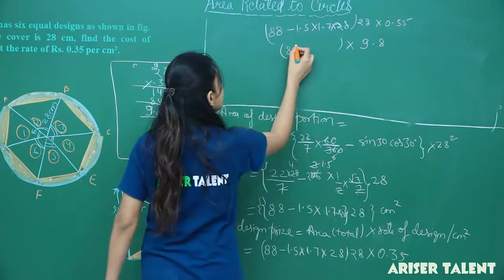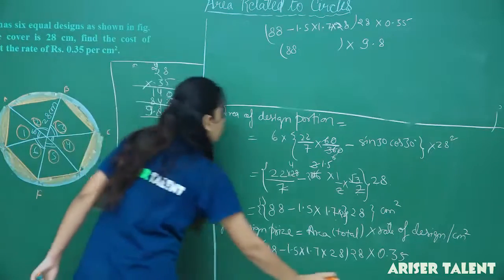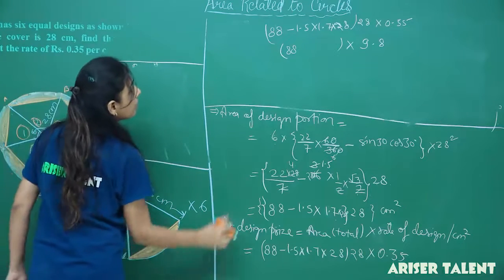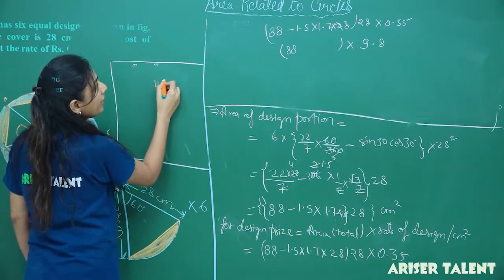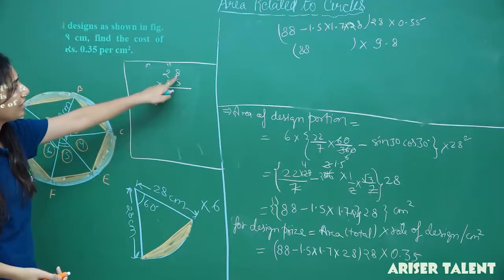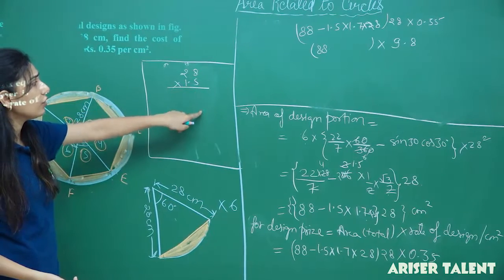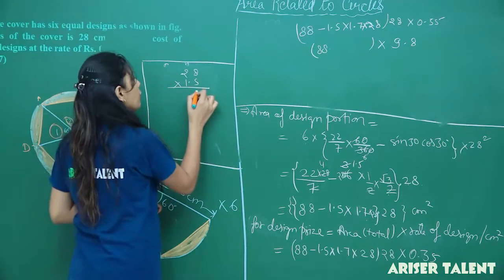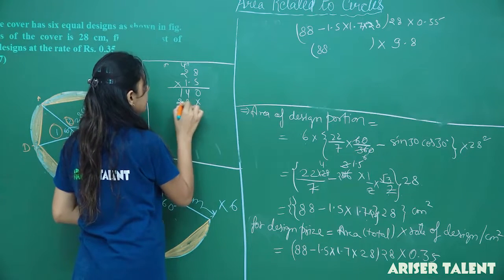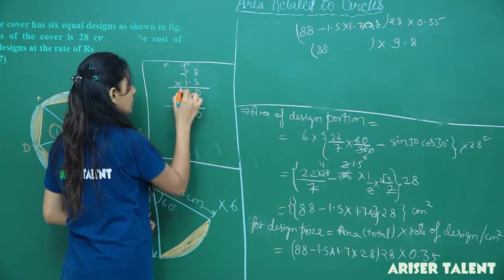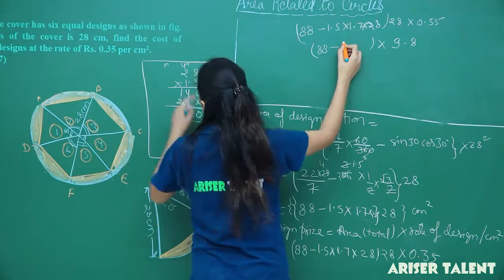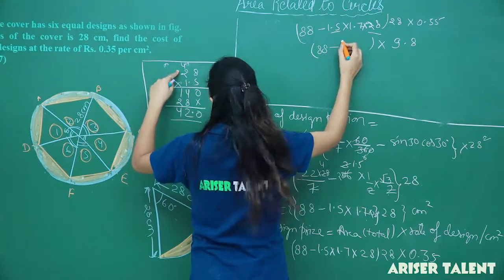Now here it is 88. So if this is 88, what will be that? That is 1.5 multiplied by 28. Okay, why 28? Because this will annihilate this, that will become 40 and 0 will be here. So I am using this 28, that will be 42.